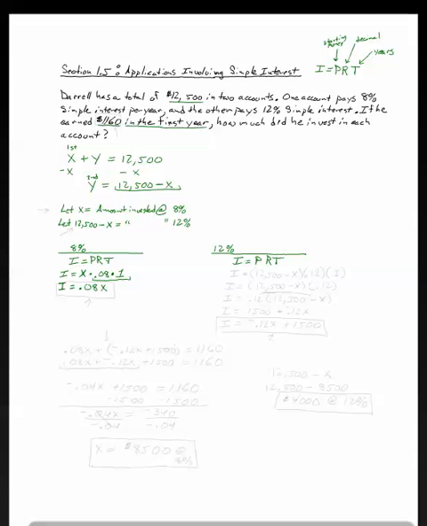Now we want to do the interest at 12%. So we get interest equals the principal at 12%. Well, we said let 12,500 minus X equal the amount invested, or the principal, at 12%. So our principal is 12,500 minus X. Our rate is just the rate of interest at 12%, and as a decimal that's 0.12.